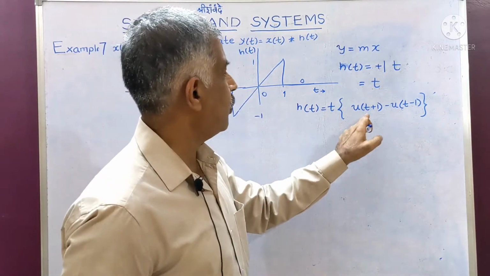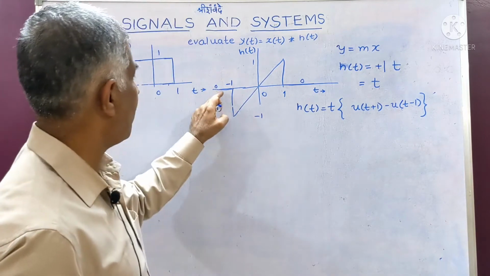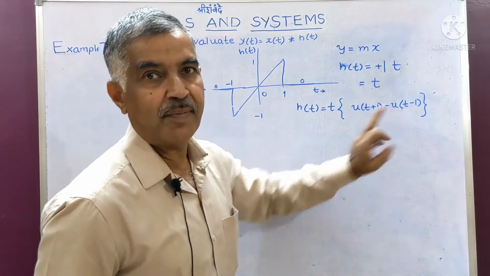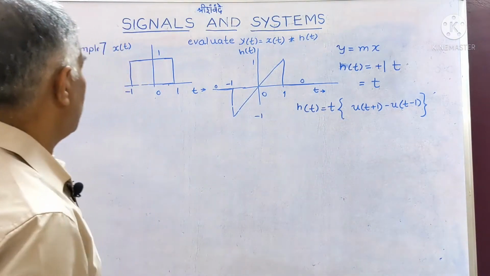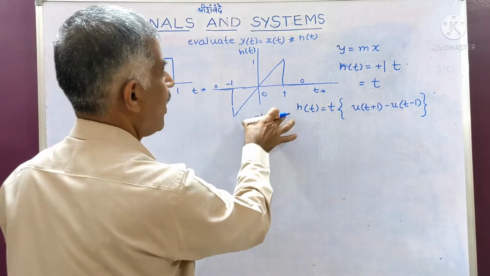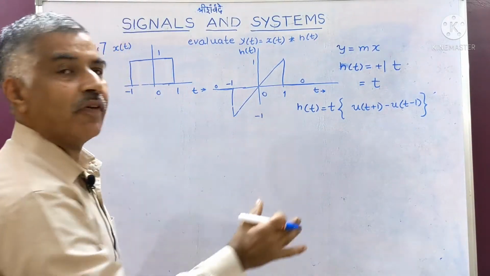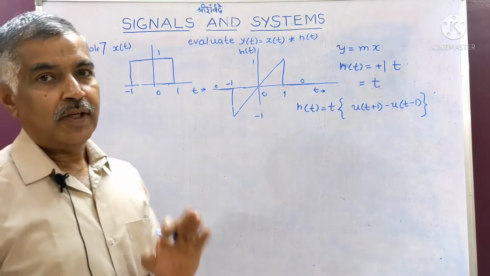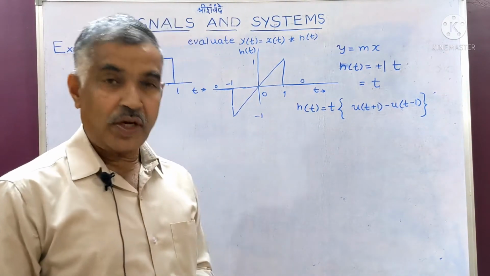Because it is from minus 1 to 1, therefore u(t+1) minus u(t-1). This is a pulse of width 2, and this is also a pulse of width 2, so equal pulse width.